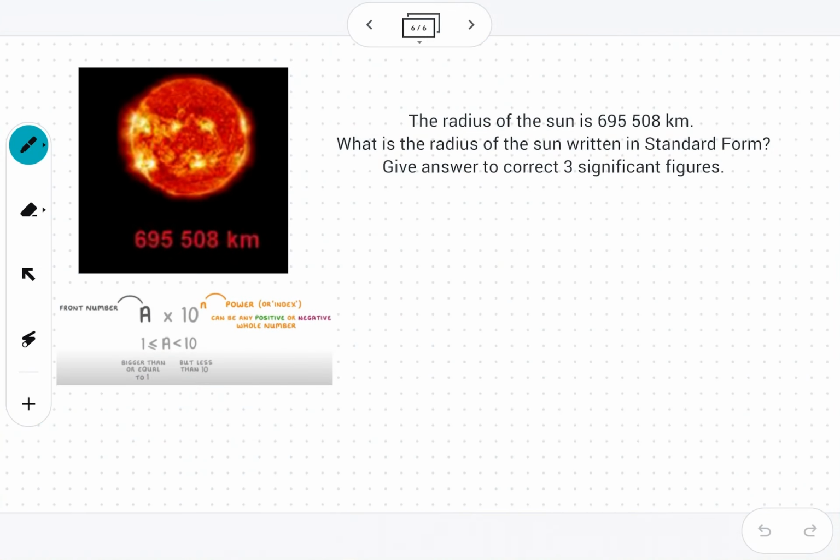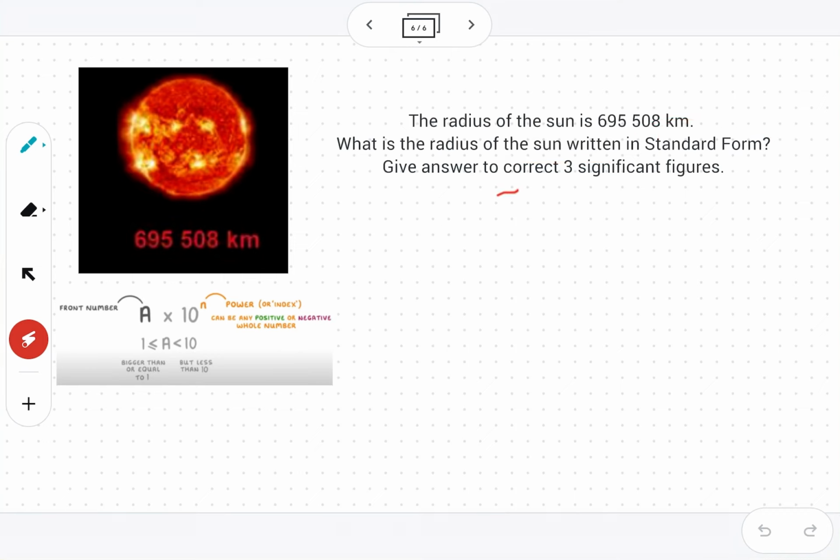Okay, another example. The radius of the sun, this is the sun, is 695,508 kilometers. So from here, the radius, from here to the middle is 695,508 kilometers. What is the radius of the sun written in standard form?